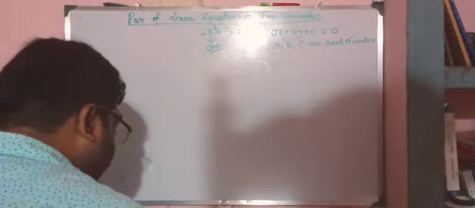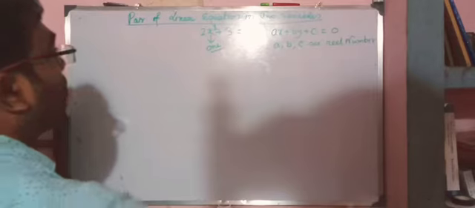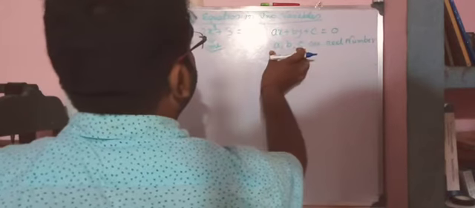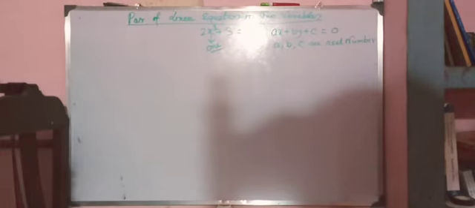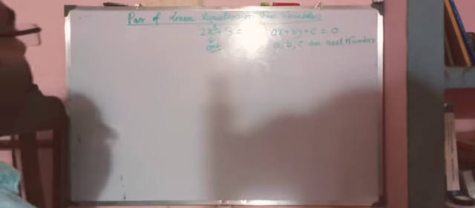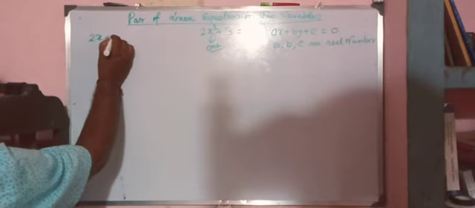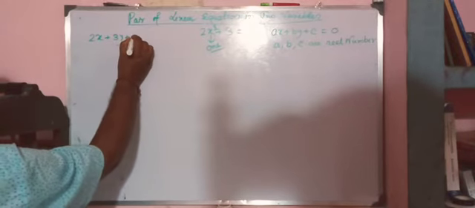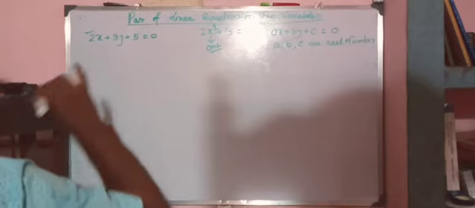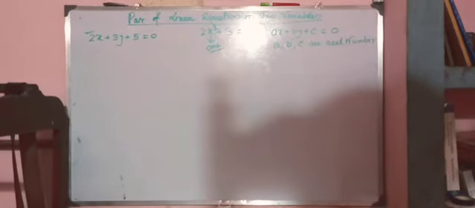So this is called a linear equation of two variable. Understood? Now for example, if we take suppose 2x plus 3y plus 5 equal to 0, this is a linear equation of two variable. Hope you are able to see it from the board.